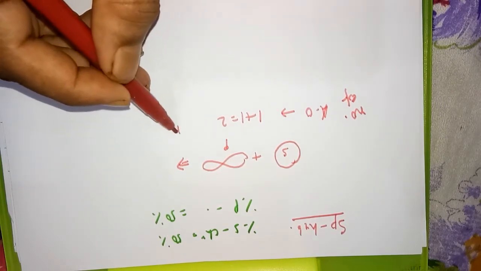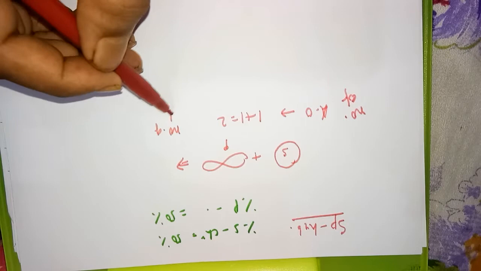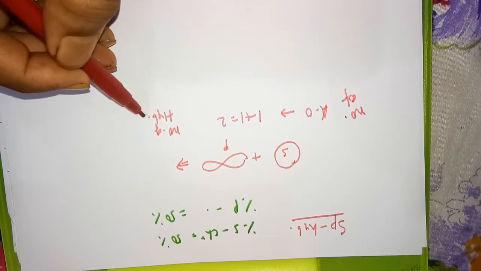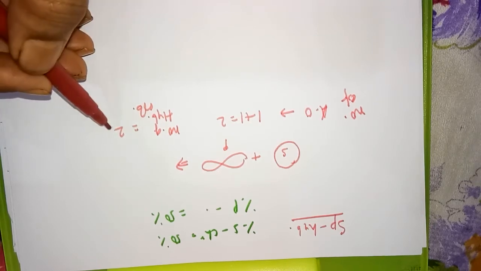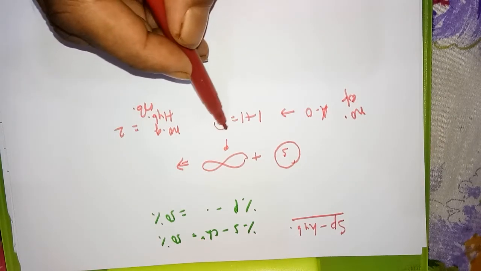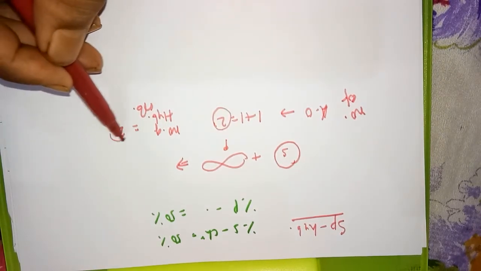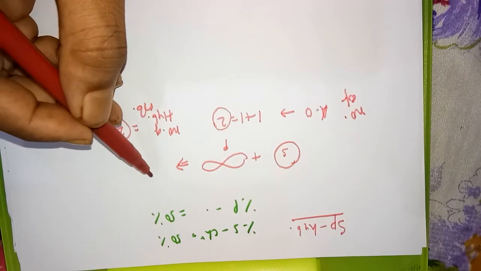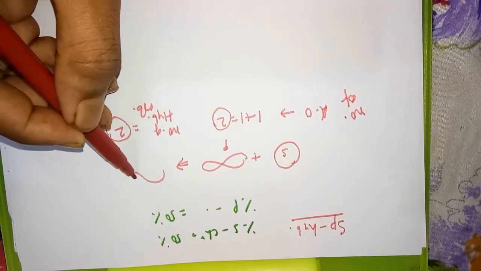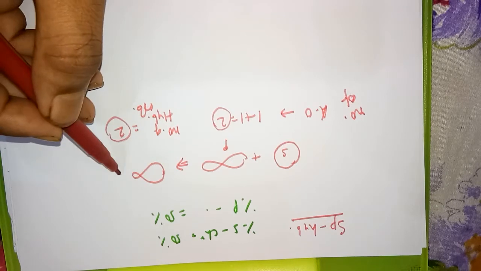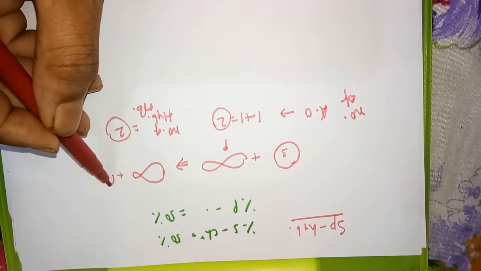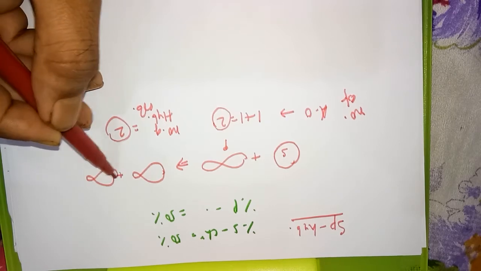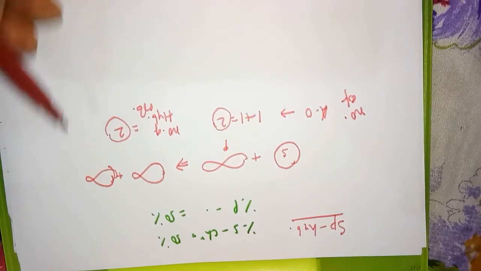The number of hybrid orbitals will also be 2. The number of atomic orbitals is always equal to the number of hybrid orbitals. And the shape of the hybrid orbital is always like that. This is one hybrid orbital, this is another hybrid orbital. These are the two hybrid orbitals.